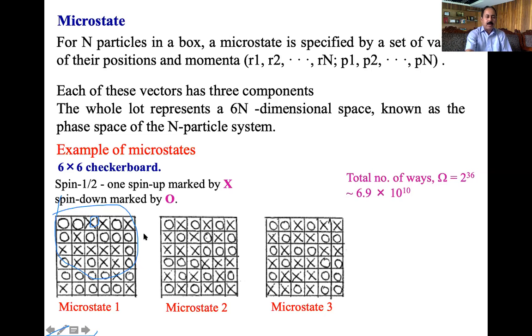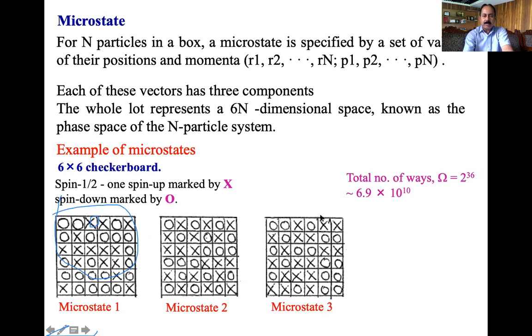For example, I change this arrangement here. In this cell the particle is spin down, and in this cell the particle is spin up. So this is another configuration, taking 36 particles in a different spin alignment.